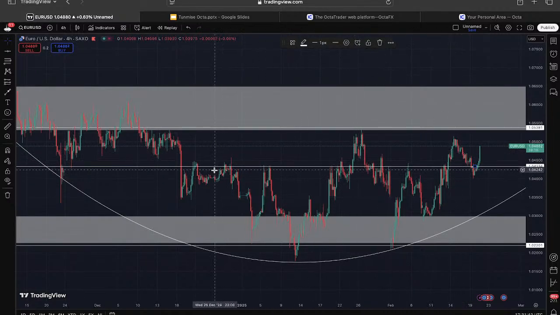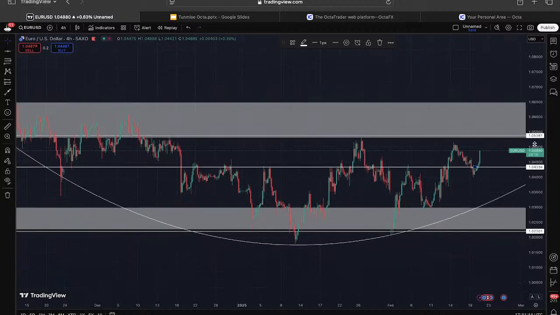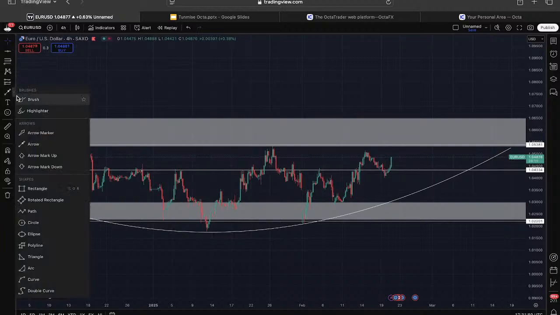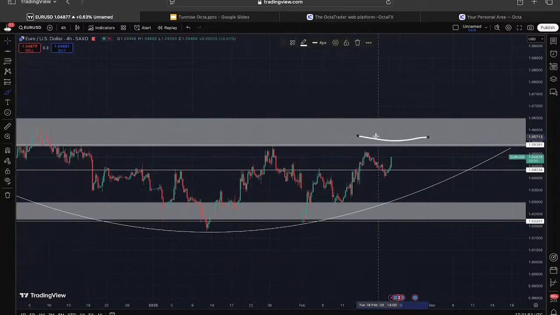There's a level here. So our buy confirmation is triggered once price closes above this level. And that's it.